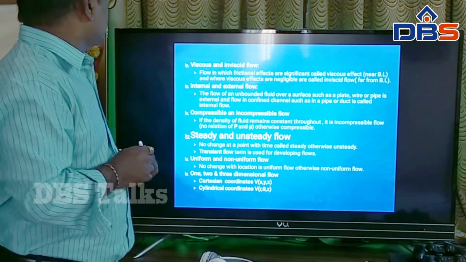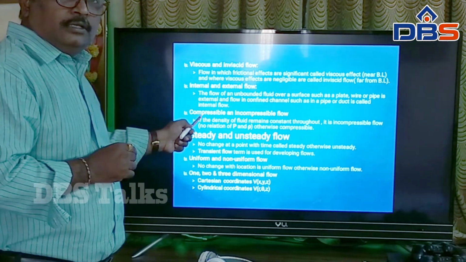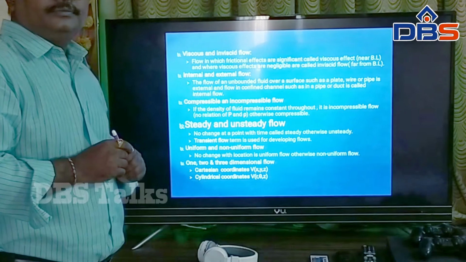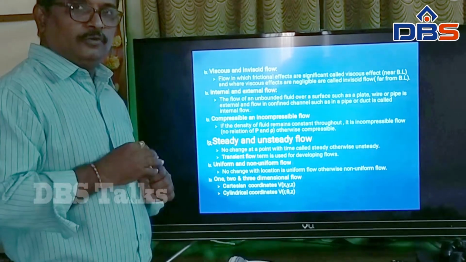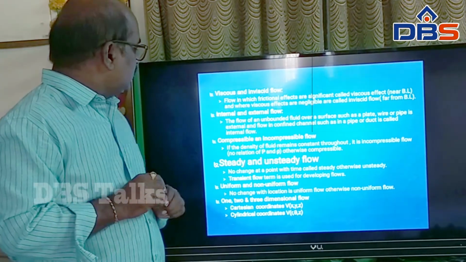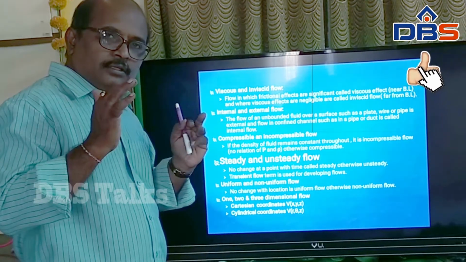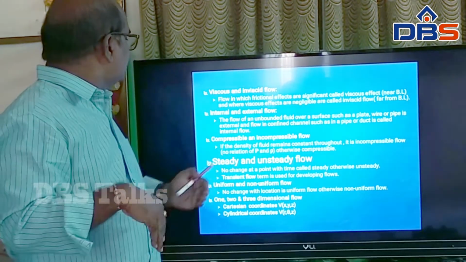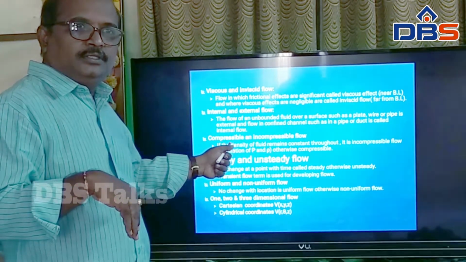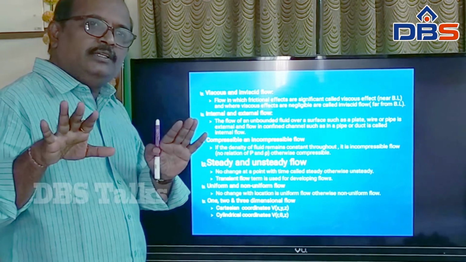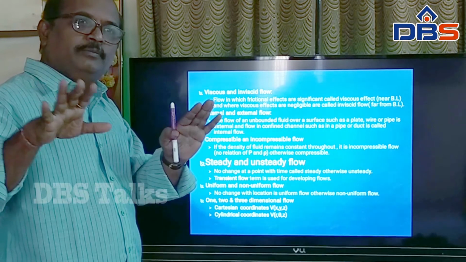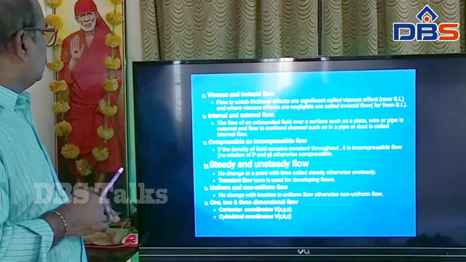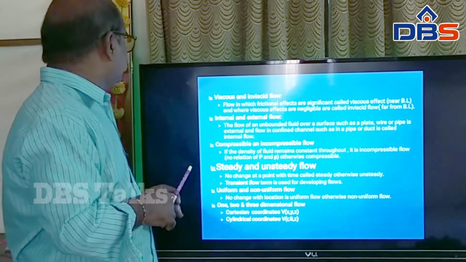Compressible flows and incompressible flows: if the density of the fluid remains constant, it is called an incompressible flow. If the density is not constant, if density is changing, then we can take it as a compressible flow. Generally, in our study, we assume that the fluid is incompressible and we will do all the calculations in most of the cases.